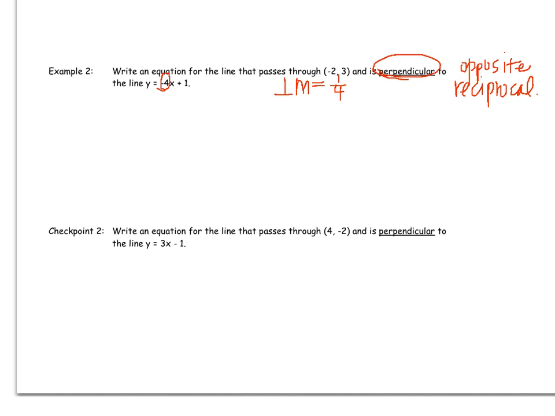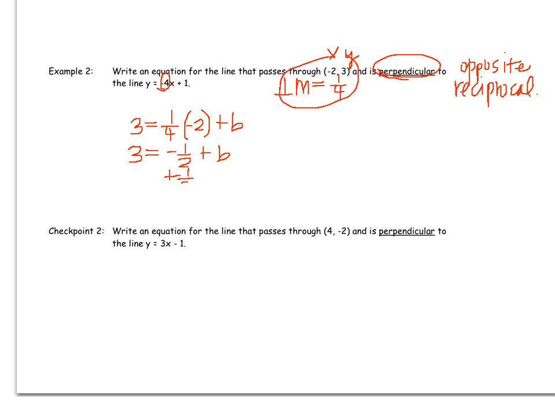Now I'm going to do exactly the same thing I did before, and I'm going to find the equation now with -2,3 as a point and the slope of 1/4. Now this time I'm going to do it in slope-intercept form though, so that you are able to see it. I know this is the x and the y, so I say 3 equals 1/4 times -2 plus b. 1/4 times -2 is -1/2 plus b.